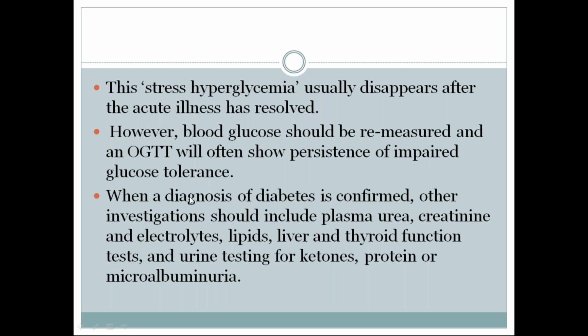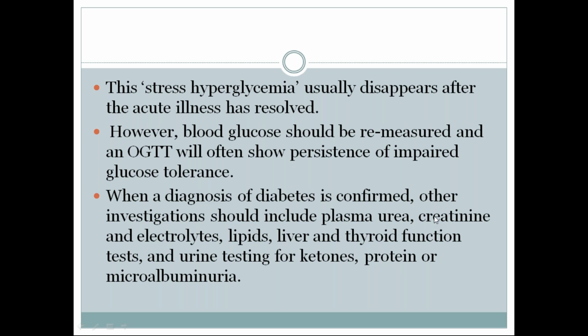Once the diagnosis of diabetes is confirmed, other investigations should include plasma urea, creatinine and electrolytes. Why these? Because most cases of type 2 diabetes present 4 to 5 years late, and microvascular complications such as nephropathy, retinopathy, and peripheral neuropathy progress before the clinical onset of diabetes is detected.